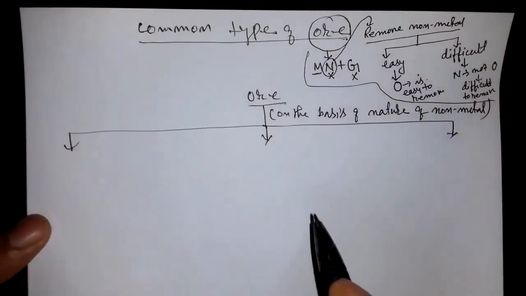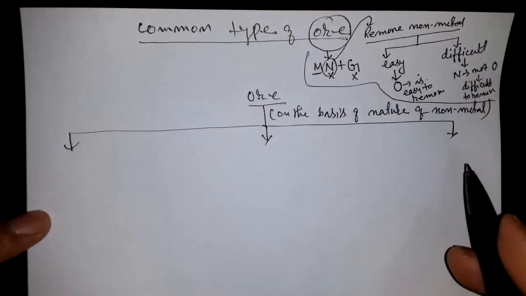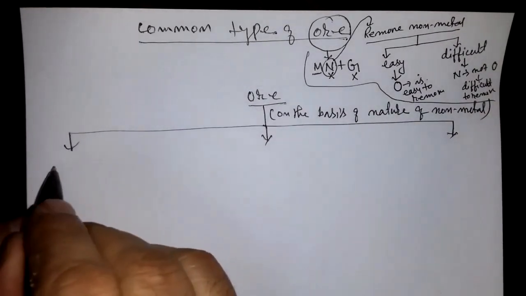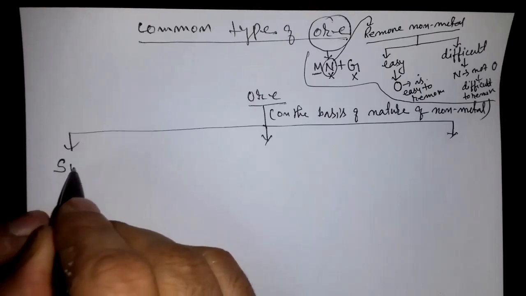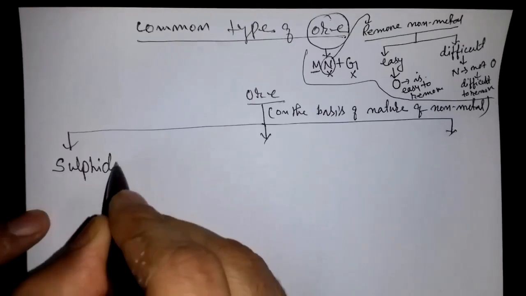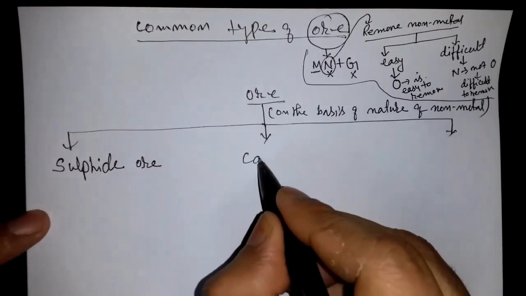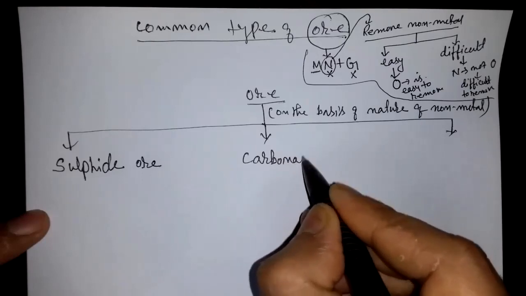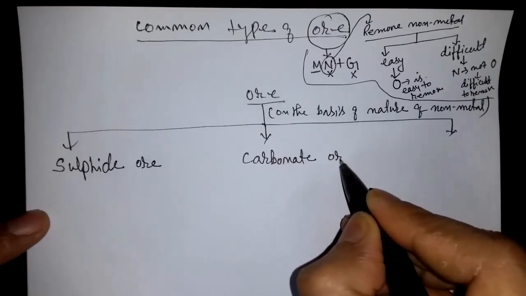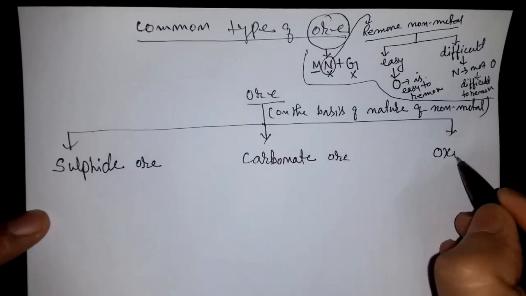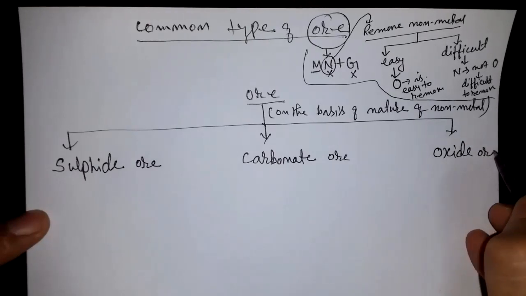But before that, we should know these three types of ore. Sometimes ore is called sulphide ore. Sometimes ore is called carbonate ore. And sometimes ore is called oxide ore.